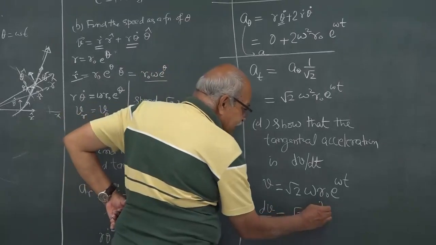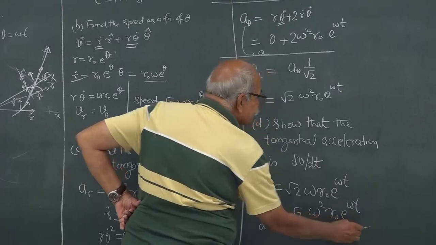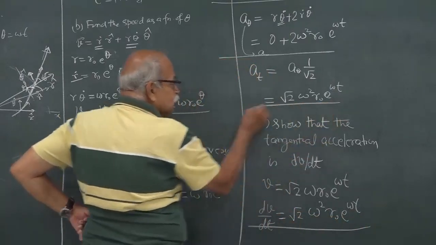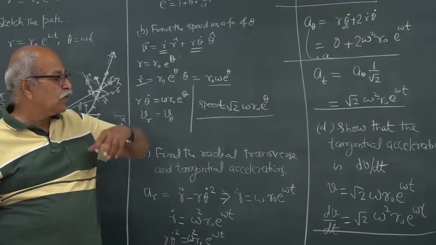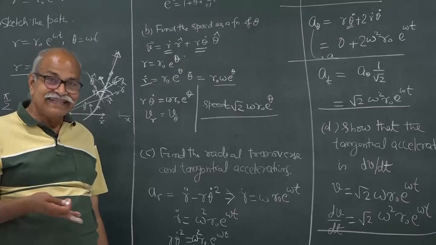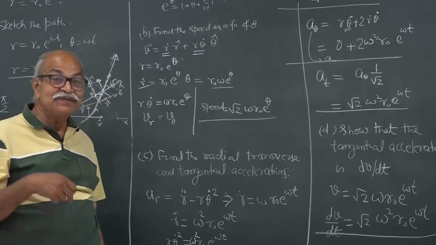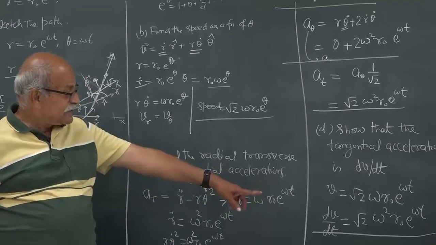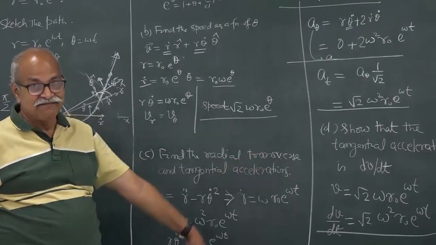So, omega square here, r naught here, and e power omega t here, and you match. So, in this case also, even if the path is not circular, the tangential component of acceleration is given by dv dt, the rate of change of speed.